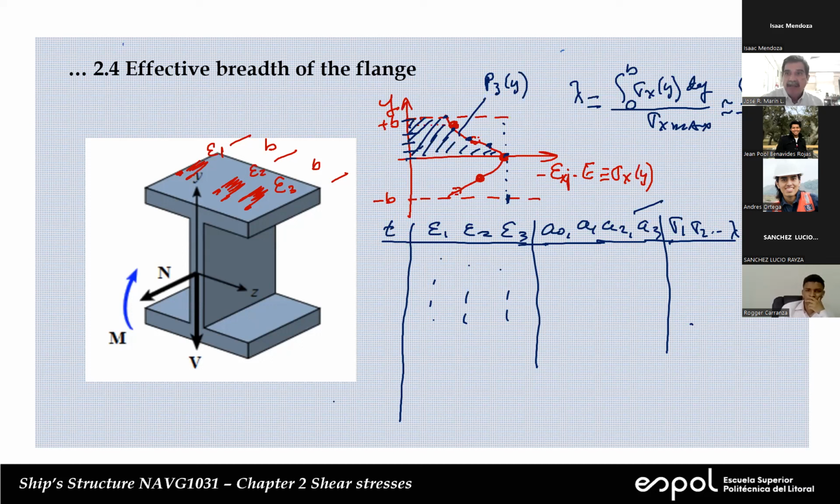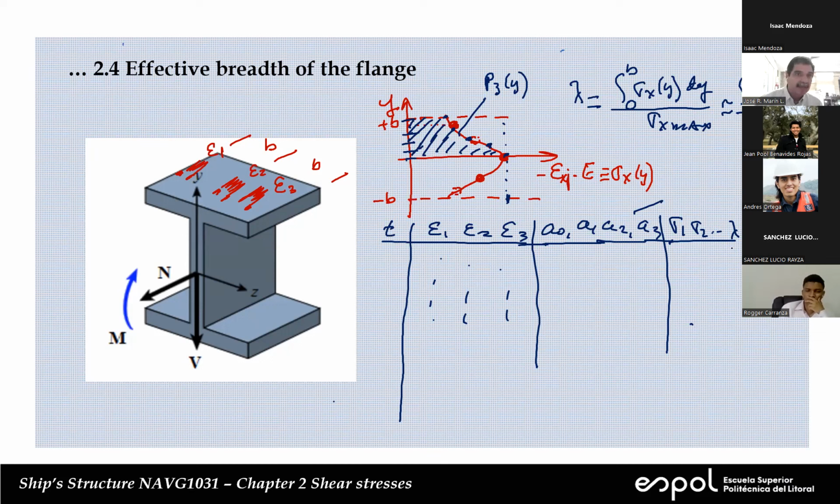Since you are multiplying both numerator and denominator by E to get the stress, you know that it's going to cancel. So you need to consider stresses. You can go on and calculate everything with stresses. This is what we obtain, lambda.